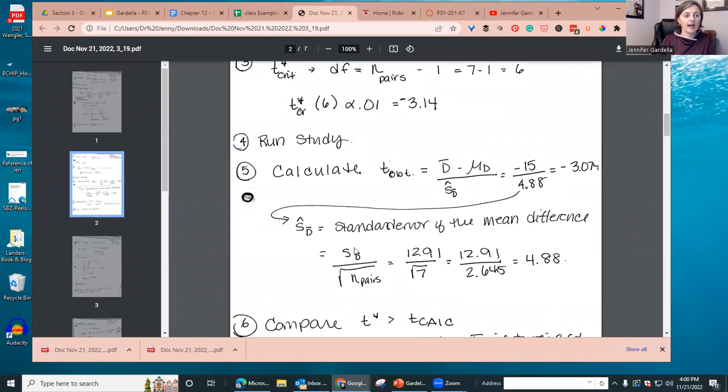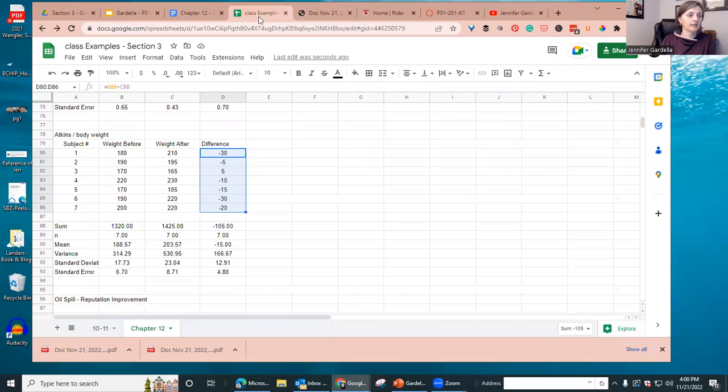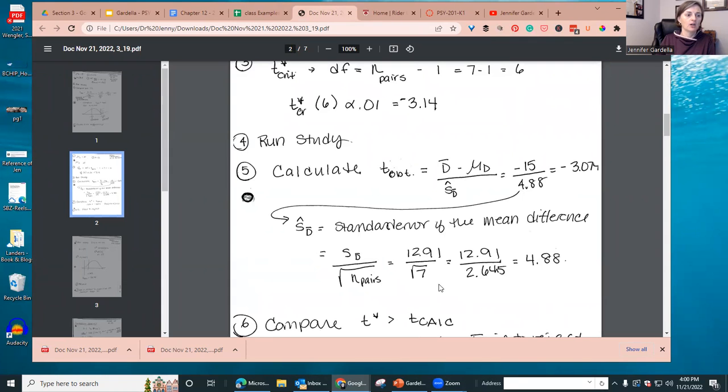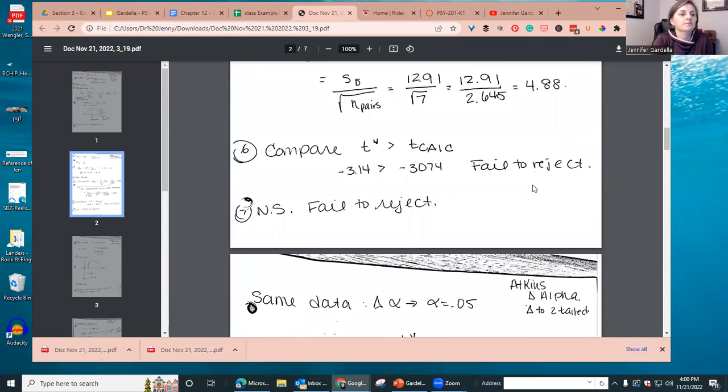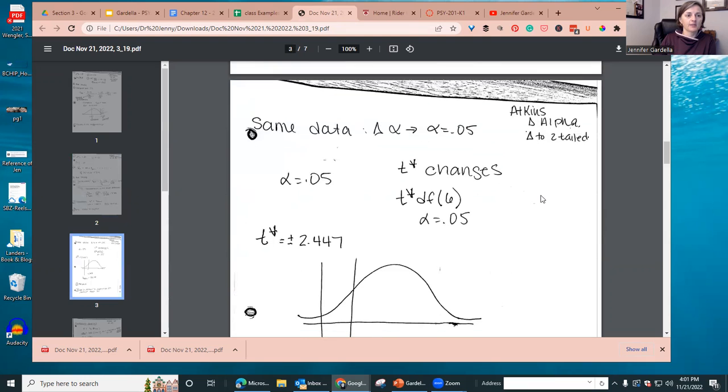So it's the standard deviation of the difference, 12.91, right here, over the square root of the number of pairs. You get 4.88, and you put that in the denominator of your test statistic. So we compare the critical value of t, which is 3.14, to our calculated value of t, 3.074, and we fail to reject.